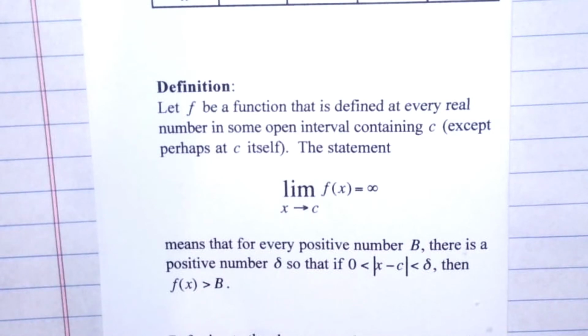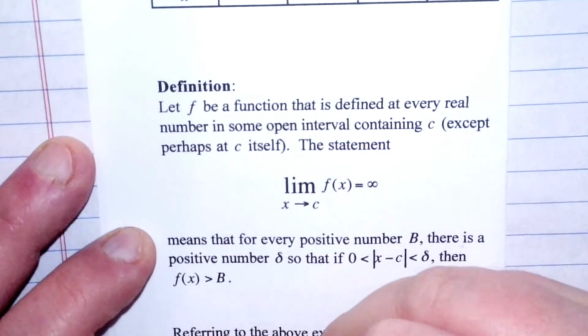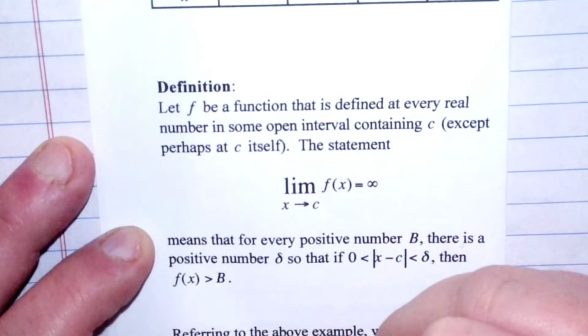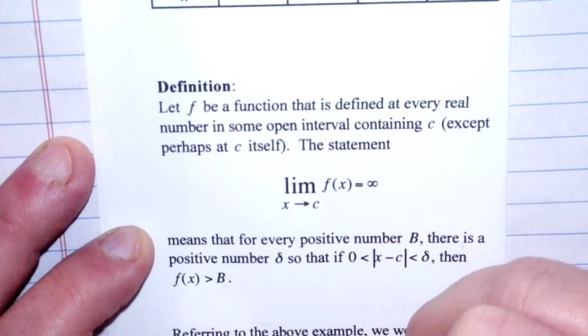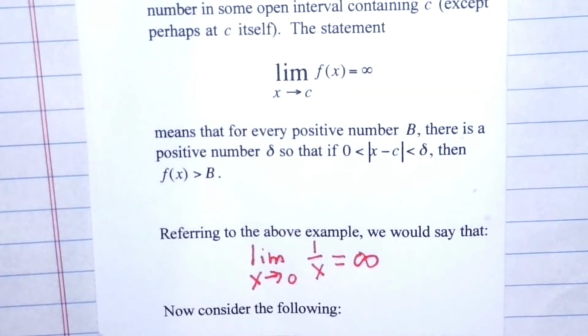So referring back to the example we just looked at above, we were looking at 1 over x as x approached 0, we would write the limit as x tends to 0 of 1 over x is infinity. That's not quite right.